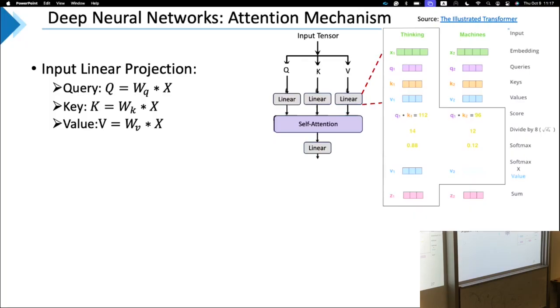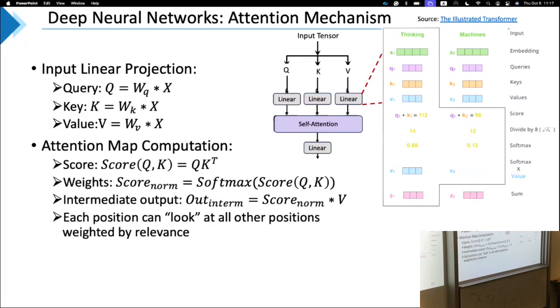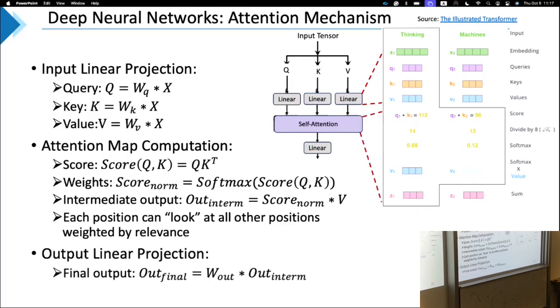Then we come to the key computation of self-attention. The first thing we do is multiply query with key, which tries to capture the relationship among different tokens. For example, here we multiply Q1 with K1, Q1 with K2. K2 is the key of the second token, right?